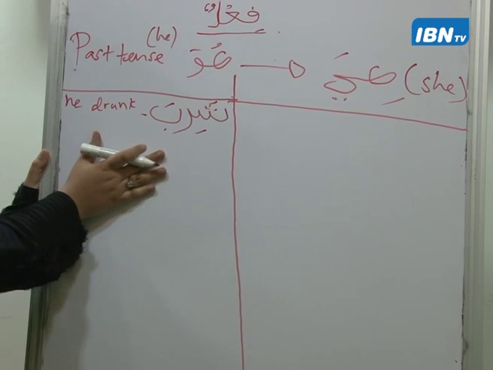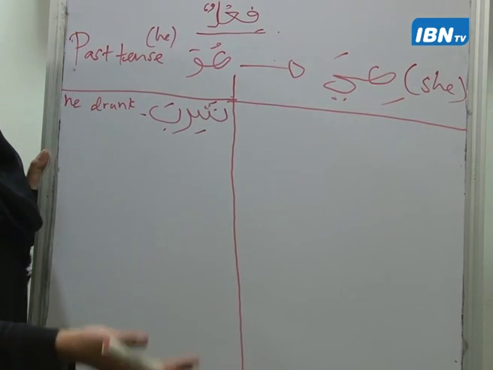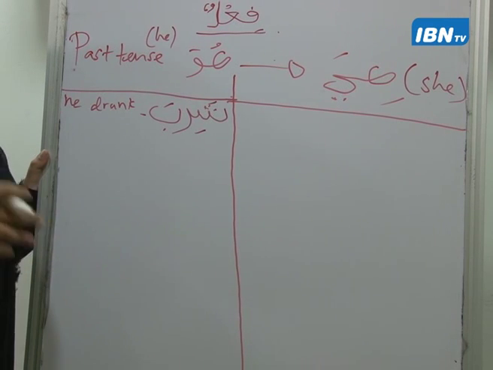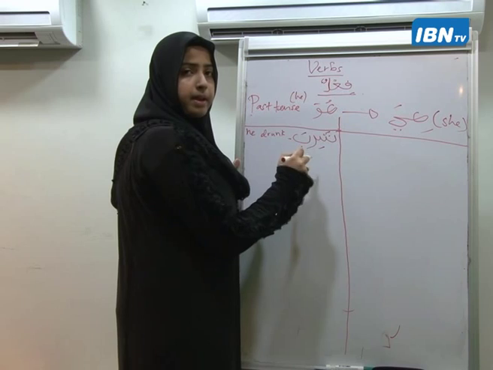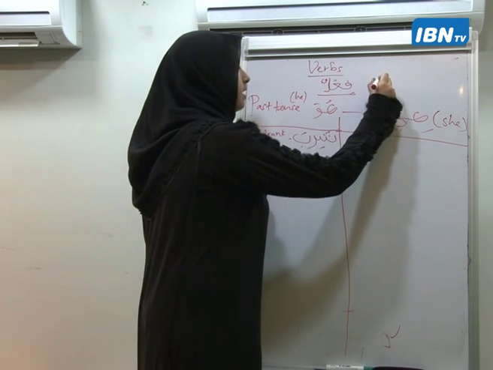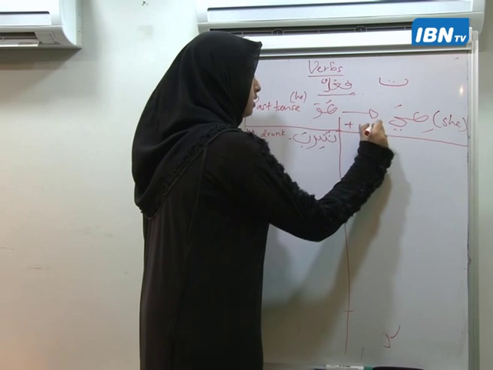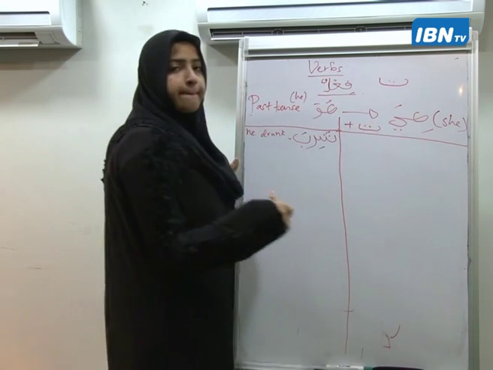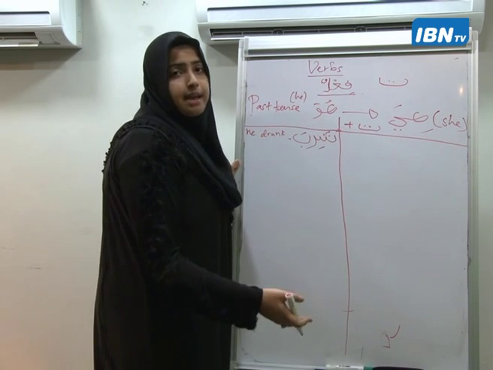So how am I going to convert this into she drank? What I'm going to do is add an open ta to this verb, to shariba. And this ta is what is going to make it into hiya.